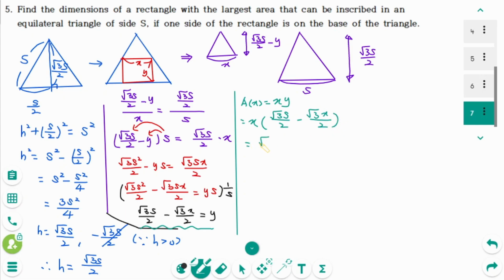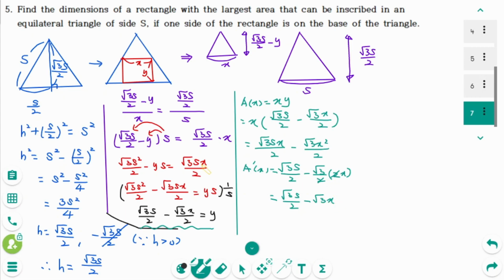Then expand. Square root of 3 sx over 2 minus square root of 3 x squared over 2. Then A prime of x equals square root of 3 s over 2 minus square root of 3 over 2 times x squared prime is 2x. Then we can rewrite as square root of 3 s over 2 minus, 2 is cancelled, square root of 3 x.